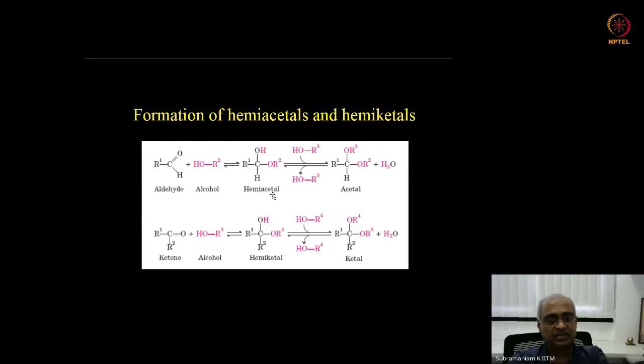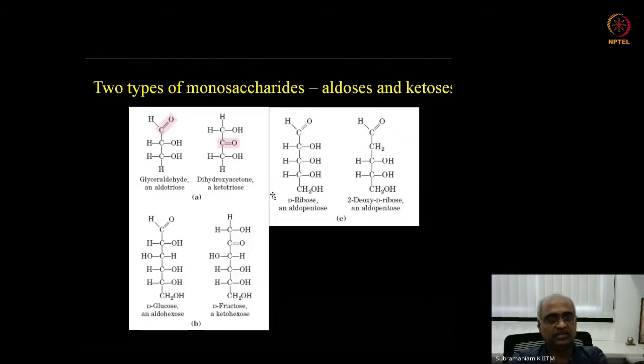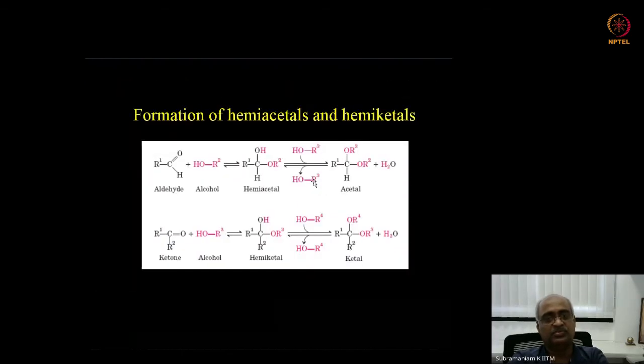So usually the aldehyde group with one of these hydroxyl groups will form a hemiacetal. And when that forms, you have an additional OH group available. This is an intramolecular linkage in a typical aldose like glucose.